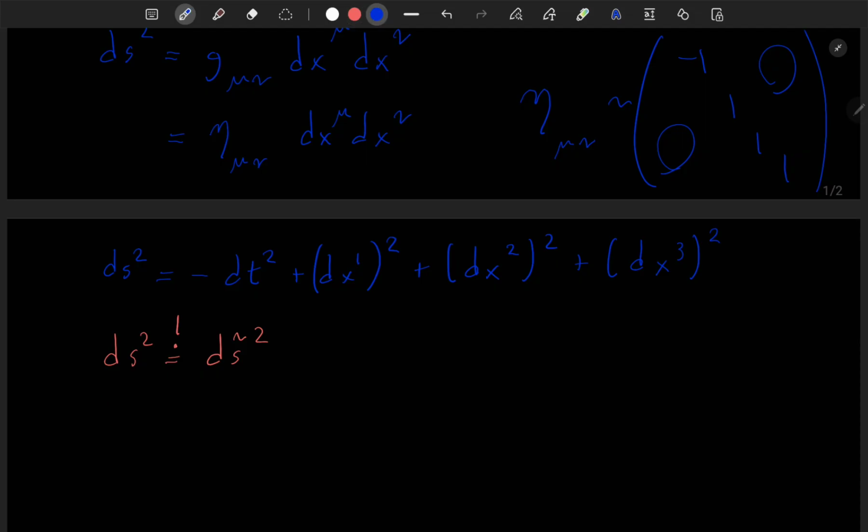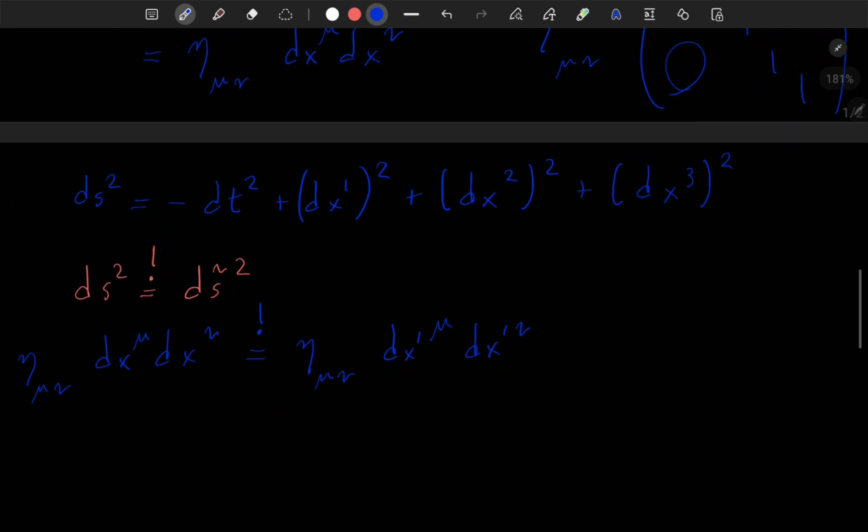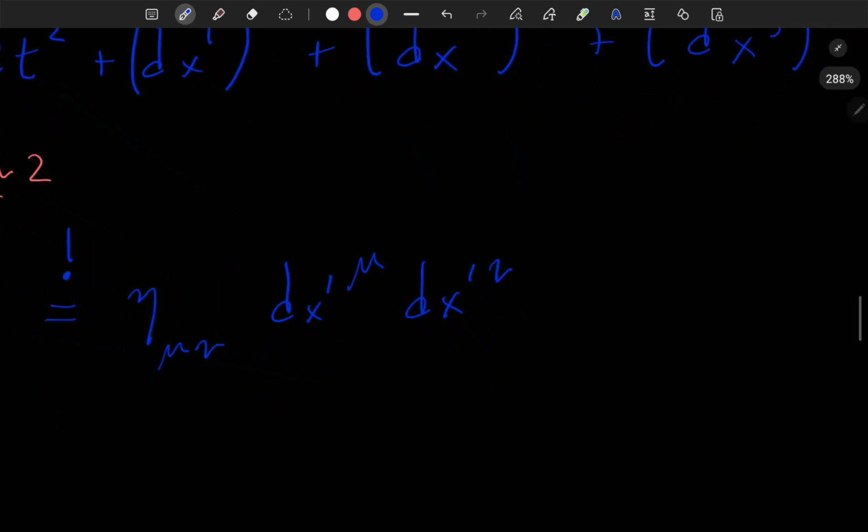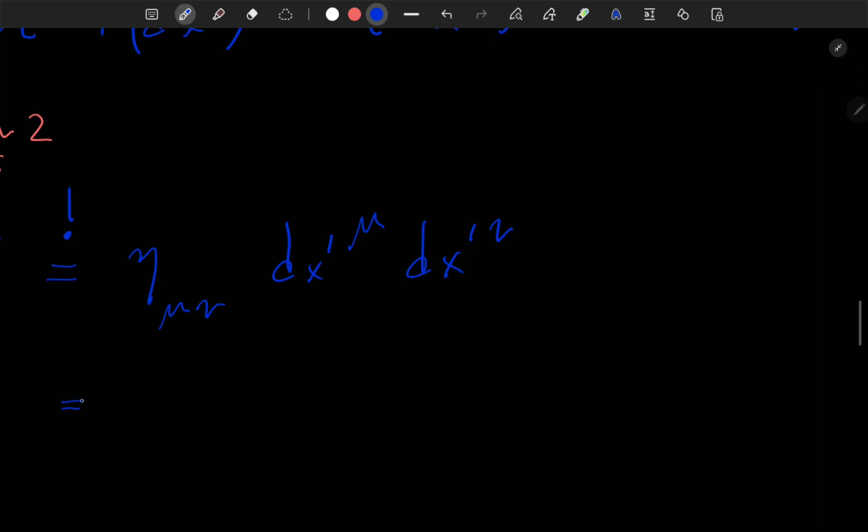So that means our original ds squared was this guy. And our final one, we have the same metric before and after, but it's going to be on the changed intervals, not the changed little dx's. Now we know what those little dx's look like.